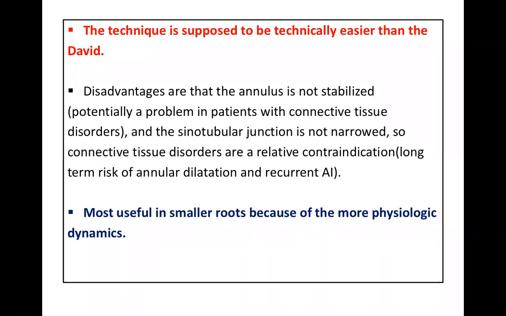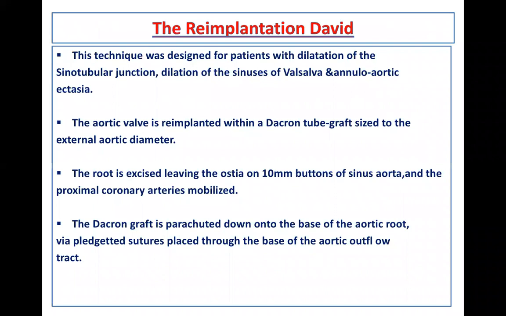In the David procedure, you resect everything, you keep the valve and the commissures, and you bring a Dacron tube graft down below the aortic annulus, and then you suture the commissures to the tube graft.